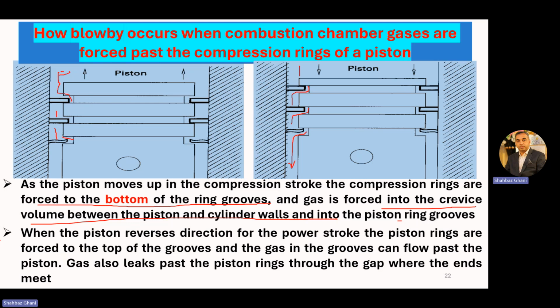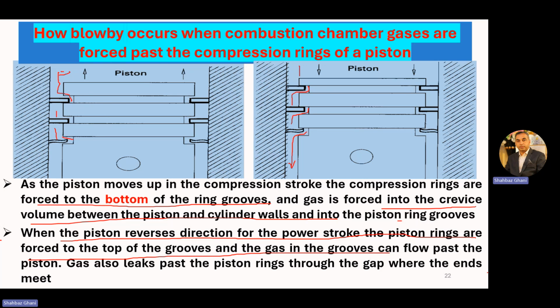Now, when the piston reverses direction for the power stroke, the piston rings are forced to the top of the groove, and the gas in the grooves can flow past the piston. Gas also leaks past the piston rings through the gaps where the ends meet.